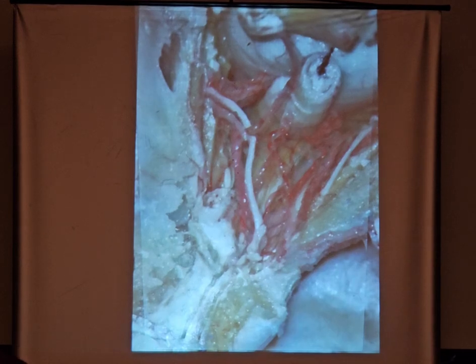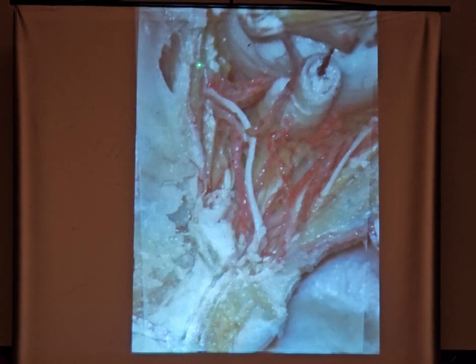In the majority of cases, the artery passes over the nerve. Here we have a specimen where we have cut the optic nerve, but we can guess the second part of the ophthalmic artery in 80% of cases, and the third part followed by the nasociliary nerve.